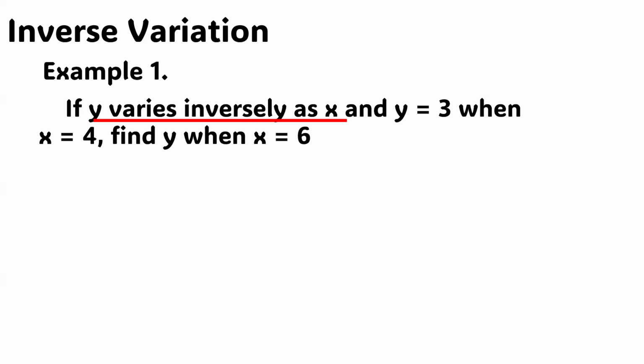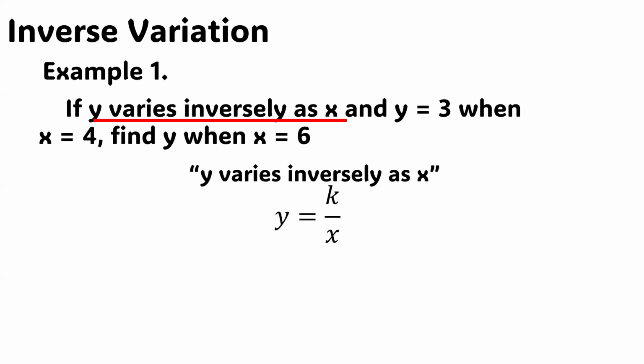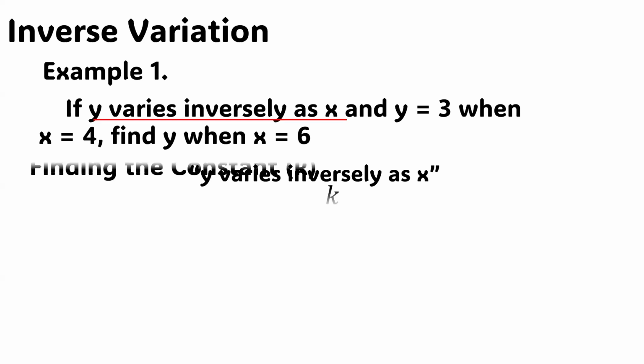So, meaning ang y ang dapat nasa kabilang side of equation alone. Okay? At yung x natin, yun yung kakabitan natin ng k or constant of variation. So, y varies inversely as x. So, y is equal to k over x. Because of the word inversely, kaya si x ay nasa baba or naging denominator.